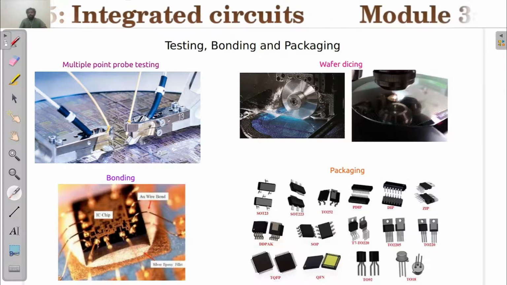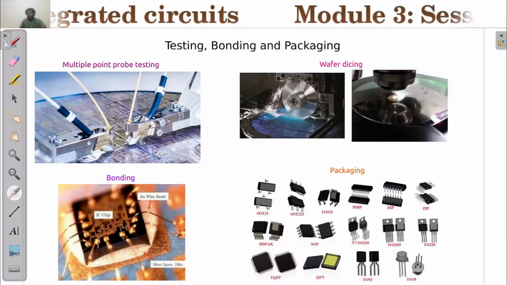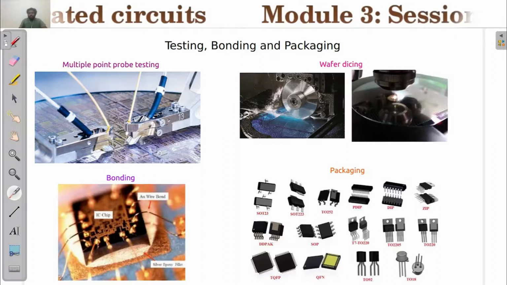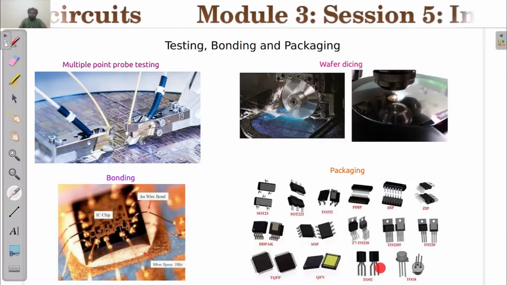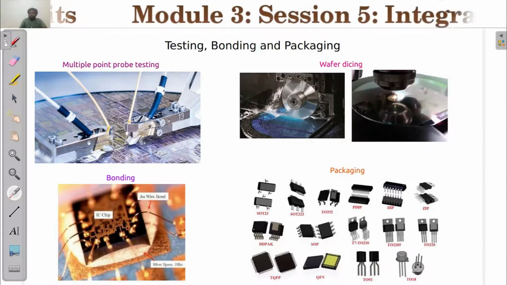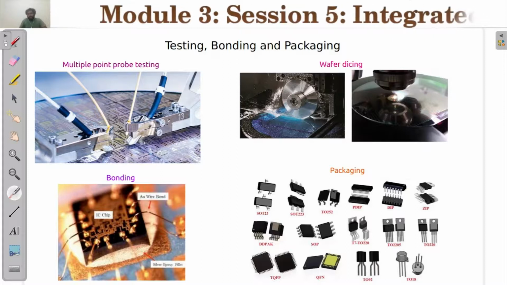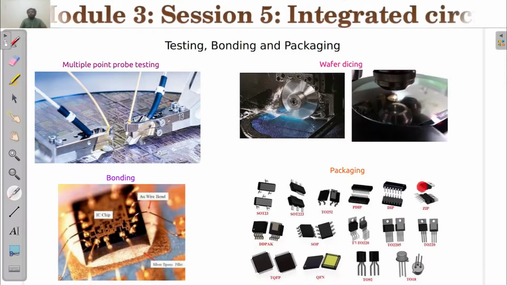So after bonding, it will be sealed in a package, and the packages can be of many types. Here you can see PDIP, DIP, etc., TO220, TO92, etc. So there are a lot of packages, and there are some exotic packages also. Basically, packages come in two kinds. One is called the through the hole package.